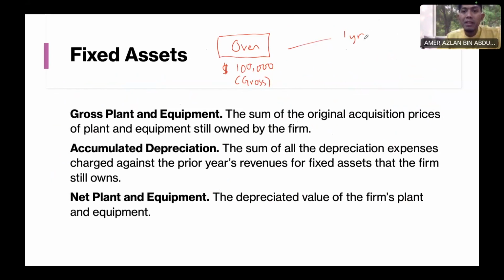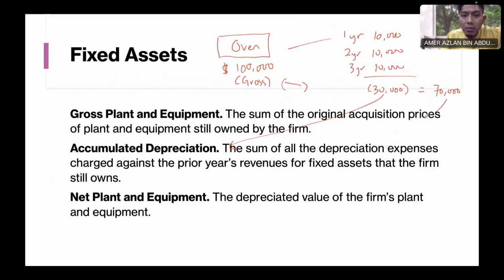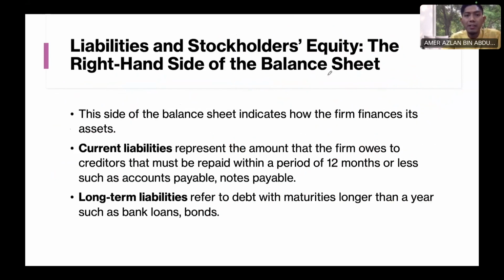So that's why it has a depreciation value. Let's say the first year the value depreciates around 10,000. Second year, another 10,000. Third year, another 10,000. So total accumulated depreciation is 30,000. So 100,000 minus 30,000, 70,000 is the net value of this oven. So that is on assets.